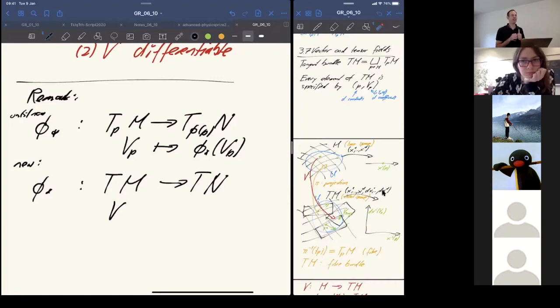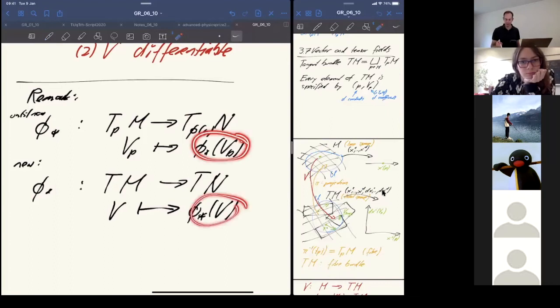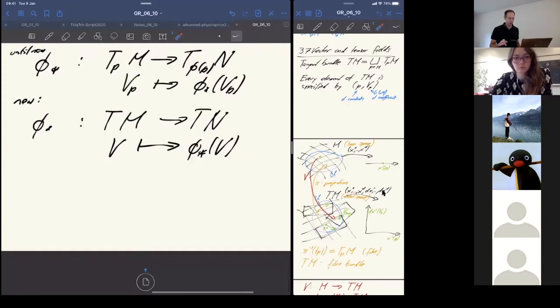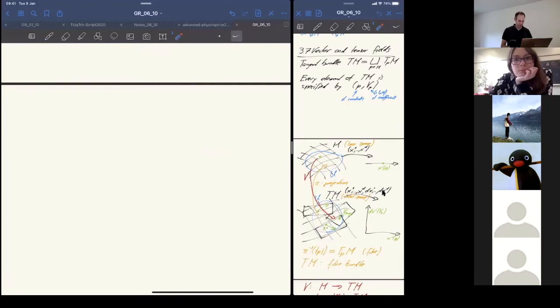But of course, I could have written it as a map from R3 to the vector spaces. So I map v to a new thing which is called phi star v. And of course, it's just pointwise defined as that thing. So if you ask what this thing means, it means at the point P, the vector defined by this map is exactly that vector. We will see that many times more concretely if that was unclear. But I hope the intuition is clear that we can promote every pointwise definition to a general definition.